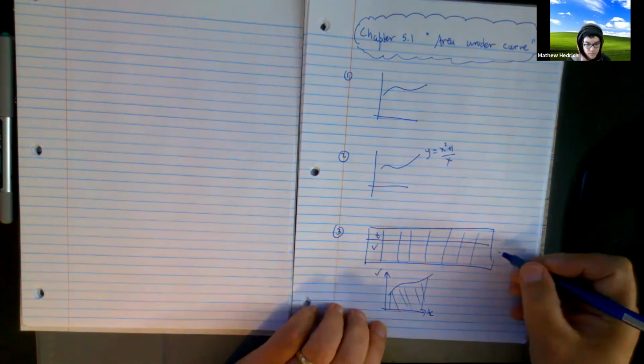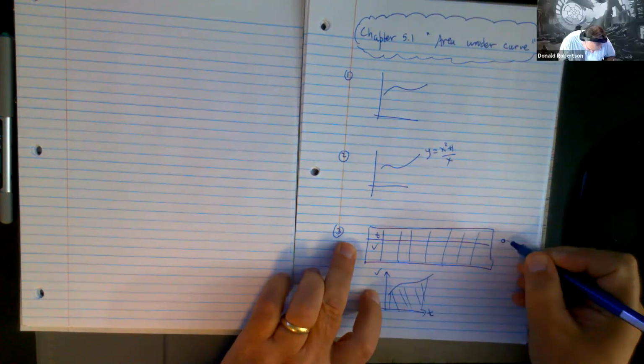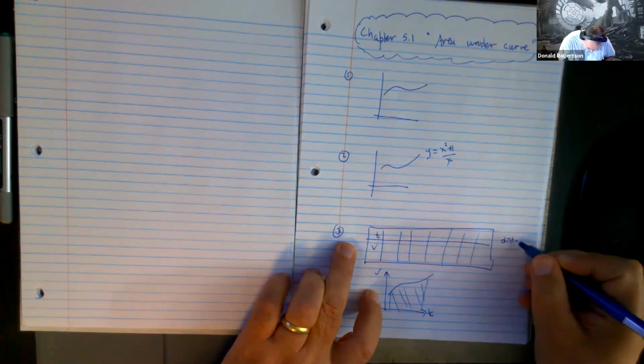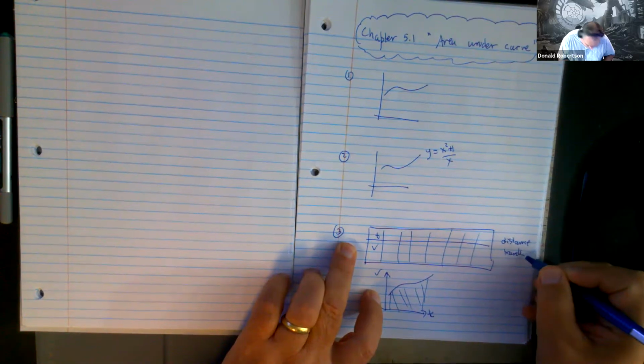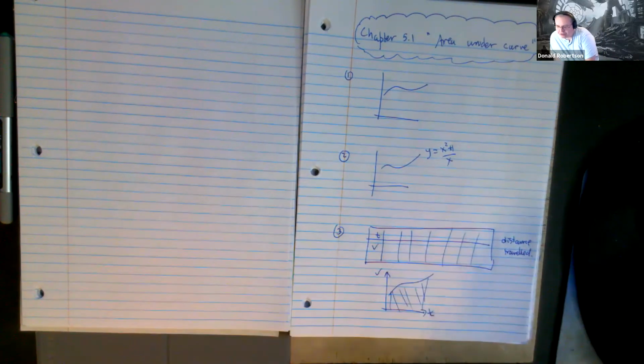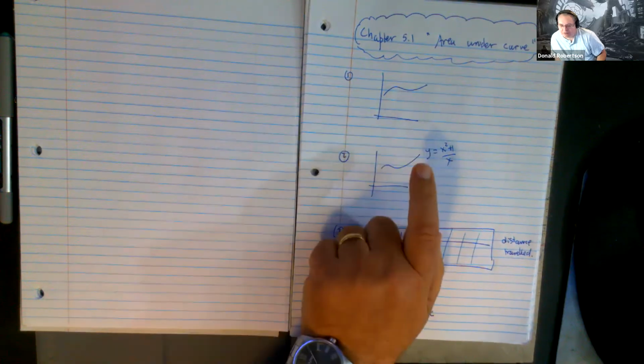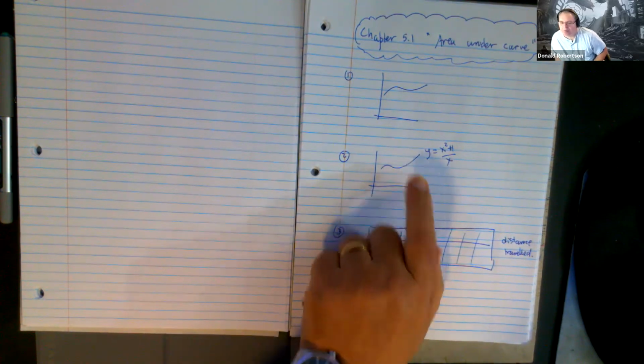So in things like this, you'll be asked to find the distance traveled. Or it might be a table where it's the rate at which water is shooting out of a tank. You're going to be asked how much water, the total amount of water. So graphs, functions, and tables.